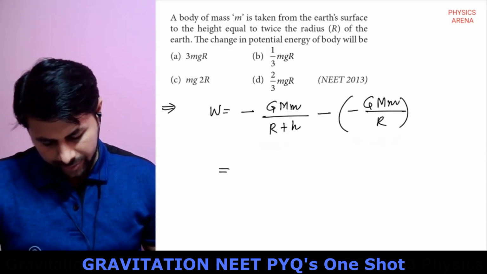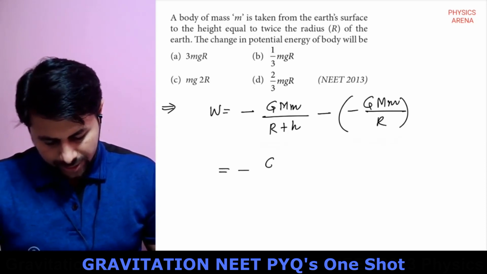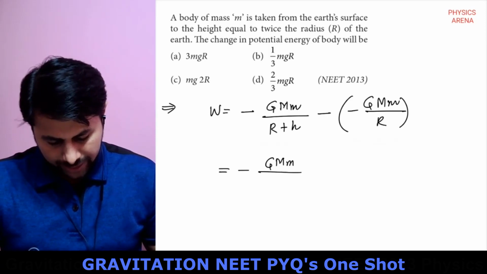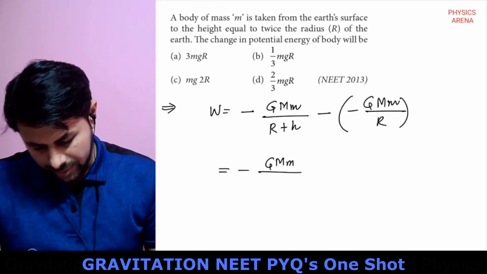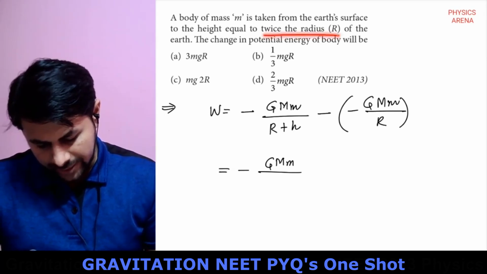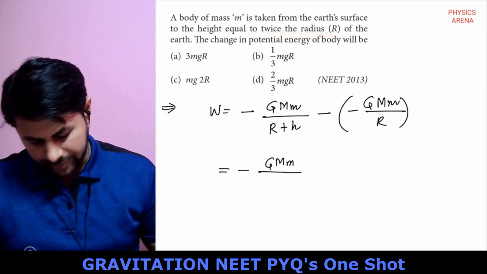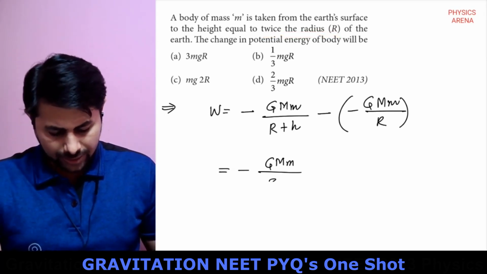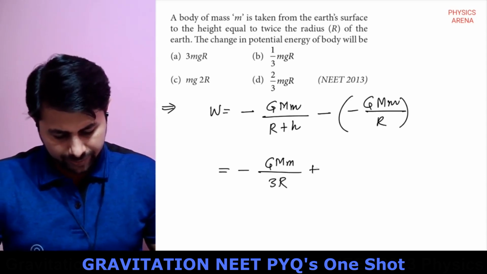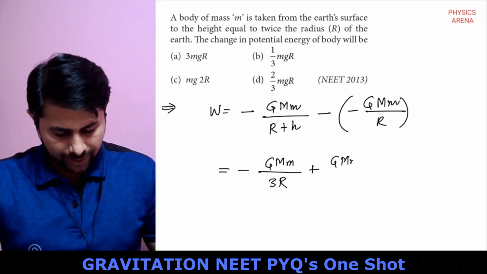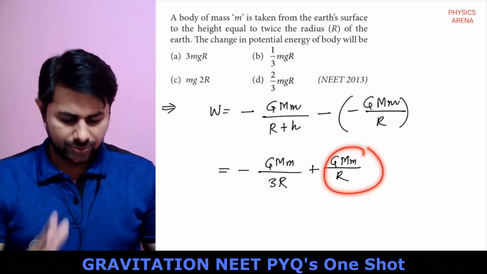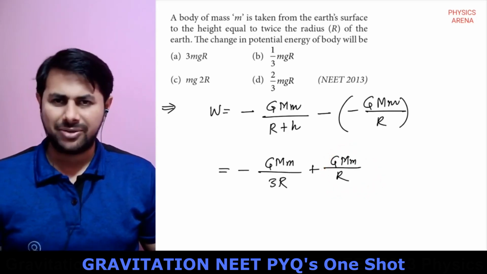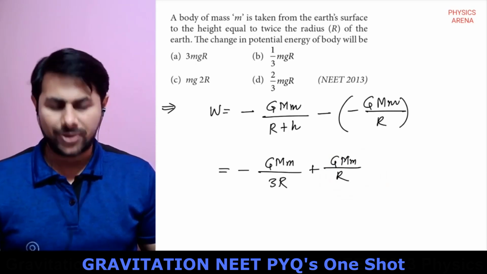Okay. So it is equal to minus of G times M multiplied by m divided by r plus, how much is the height? Height is twice the radius r. So r plus 2r will give us 3r, plus we have GMm divided by r. So 1 minus 1 by 3 we can say, multiplied by GMm upon r.